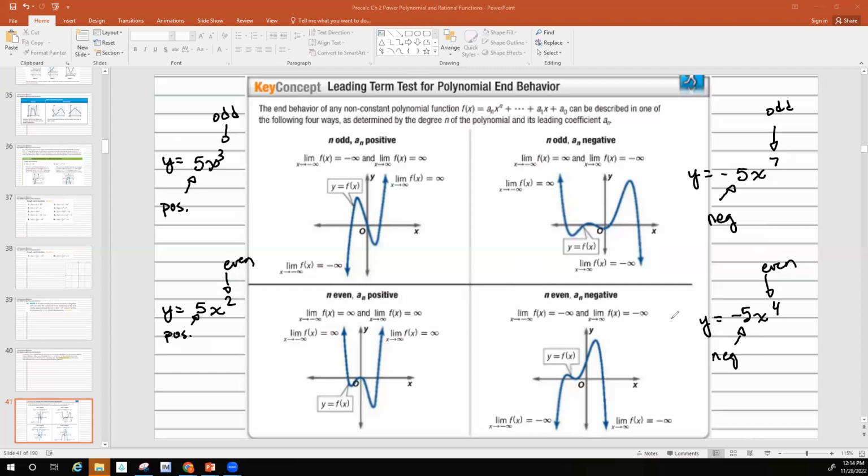That's how you know that they're both going up or both going down. Again, for odd degrees, one is going down and one is going up. For an even degree, they're both going up on the left and right, or they're both going down.